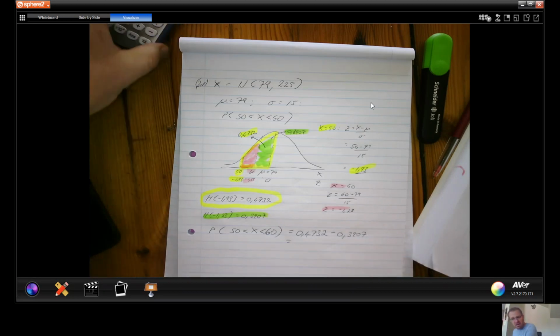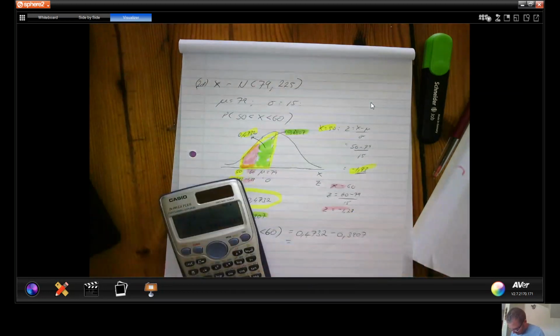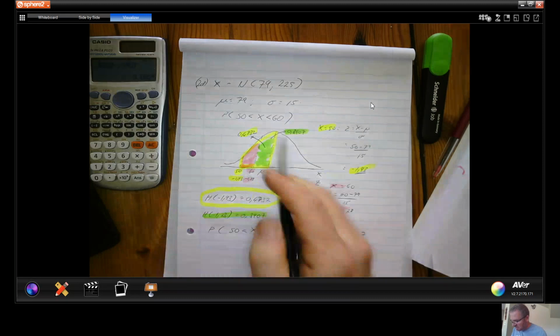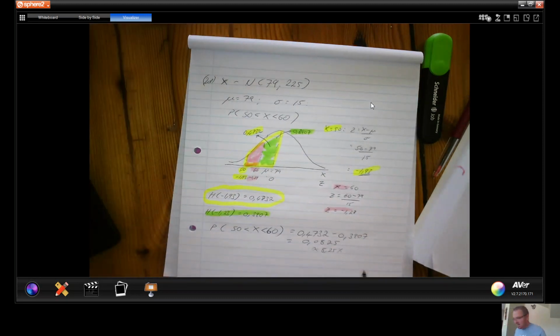If you go 0.4732 minus 0.3907, I get 0,0825, which is approximately an 8.25% chance that a score will lie between 50 and 60, and that is question 2D.